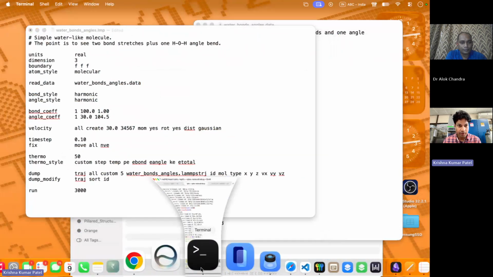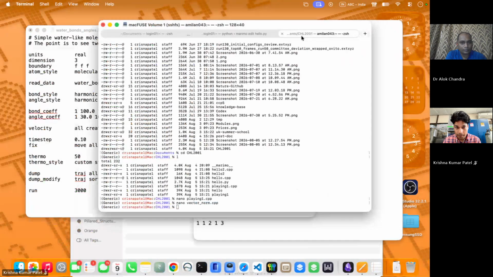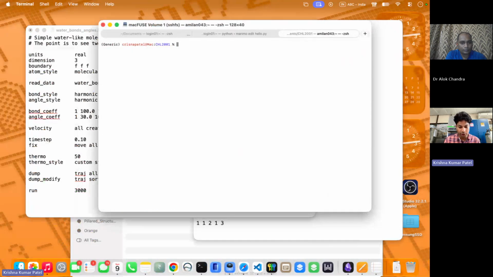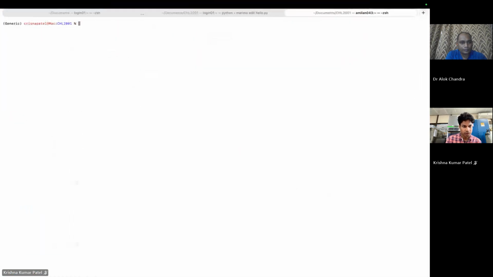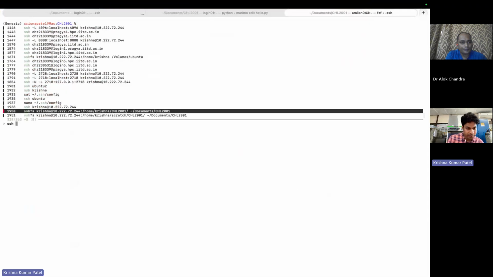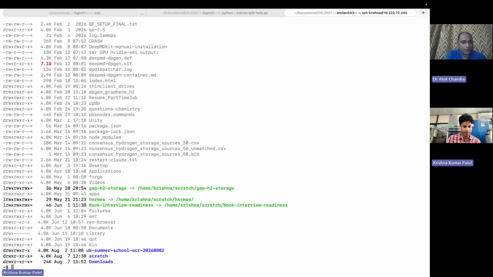We'll try modeling a water molecule. First, I need to log into my computer. Is the text visible? Okay.